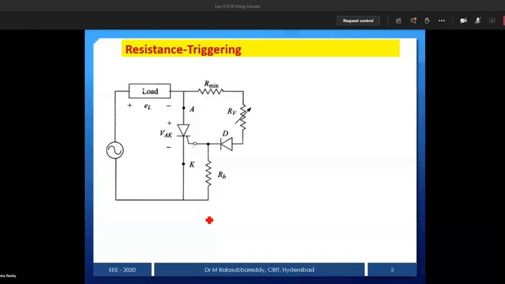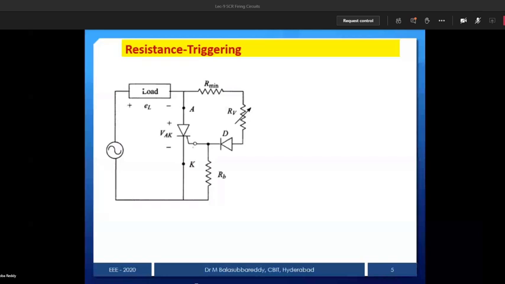All the three are the same. In turn, if I pass the voltage across gate and cathode, the gate current will pass up to Ig minimum, and it will trigger. So we need to trigger the gate. Instead of giving a gate pulse, you can pass gate current to trigger the SCR. Otherwise, you can connect voltage across gate and cathode. How much voltage do we have to apply?